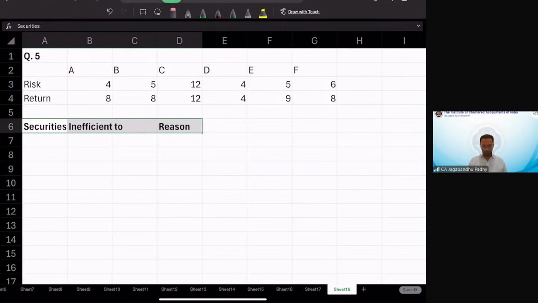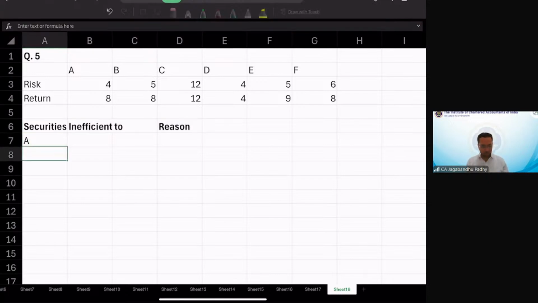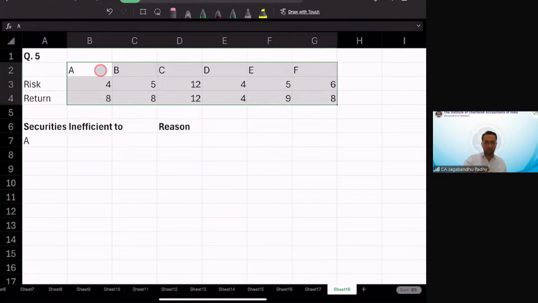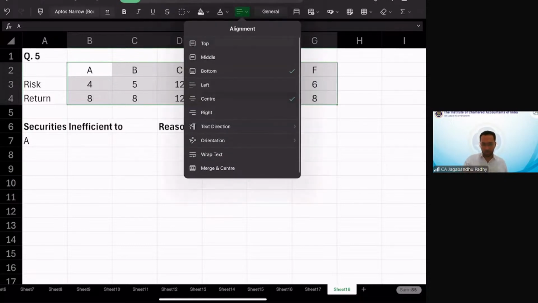Like security A. Is security A inefficient to any other security?